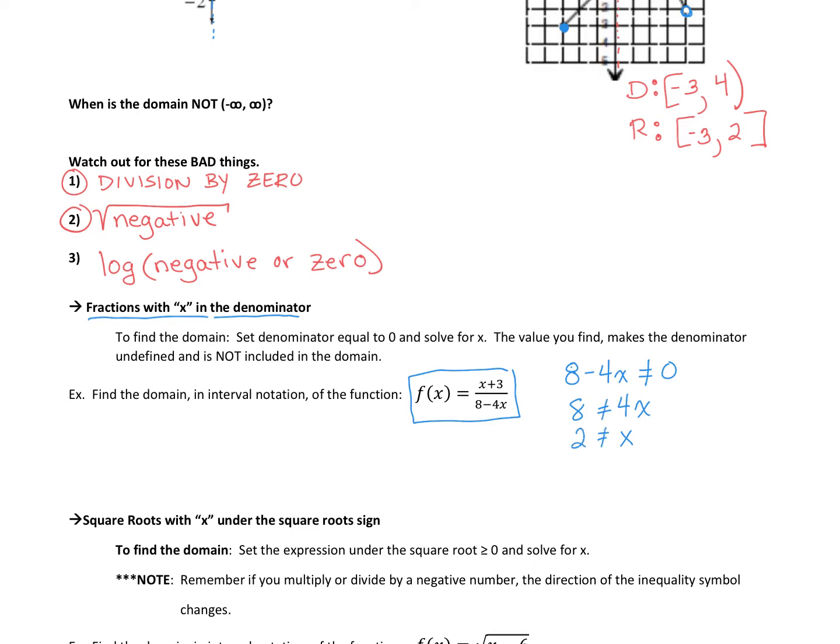So what we're going to say is x cannot be 2, and our interval notation would be from -infinity up to 2. We'll skip over that 2, so we'll say union, and then 2 to infinity. Because that is the one number that would make it 0, so that is the one number that we have to skip over.